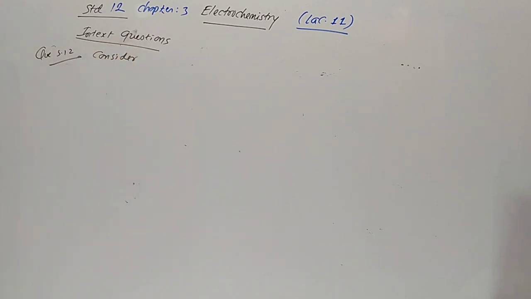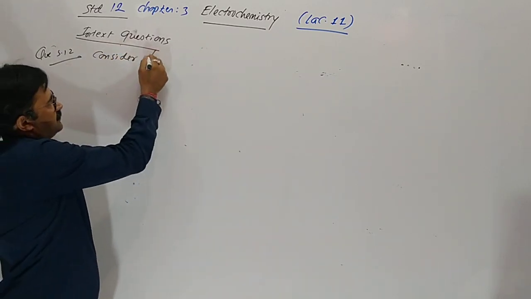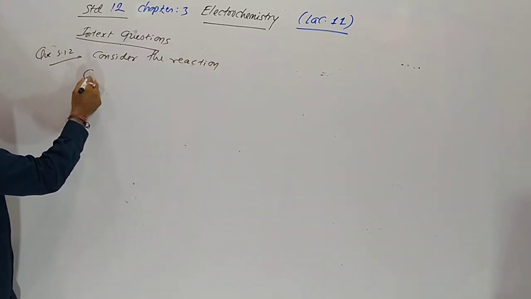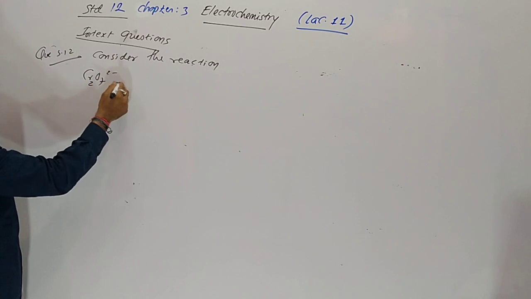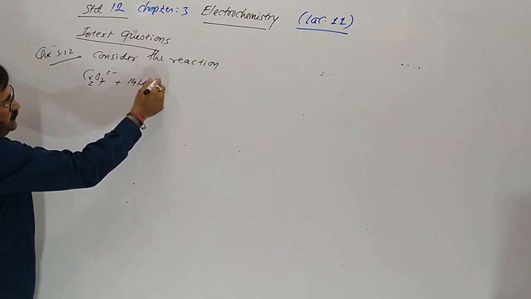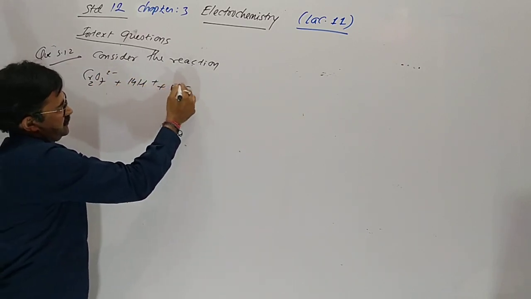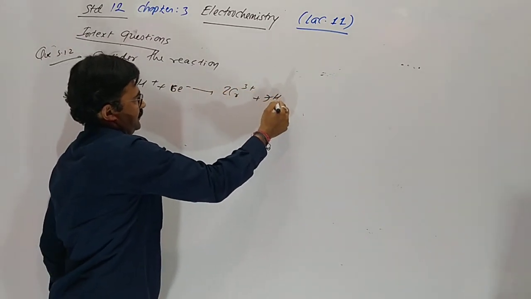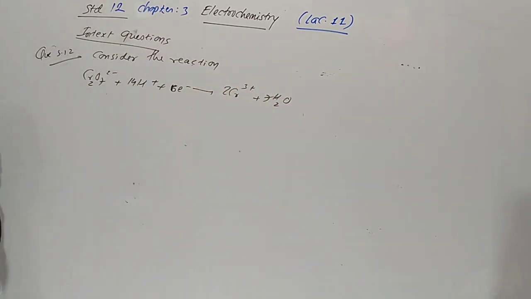Consider the reaction Cr2O7 2- plus 14H+ plus 6 electron gives 2Cr3+ and 7H2O.